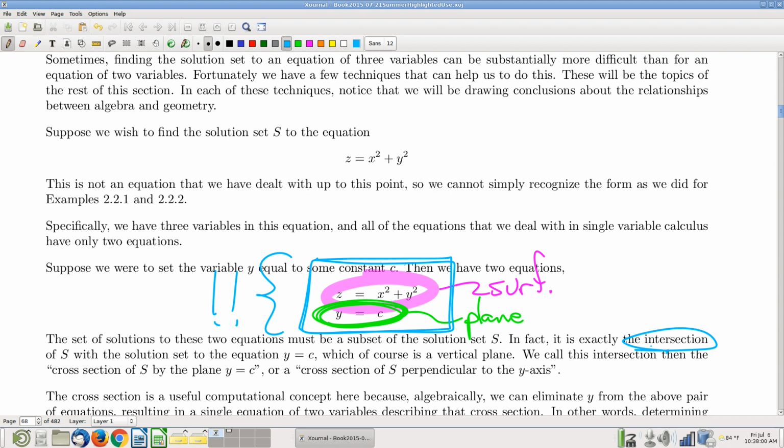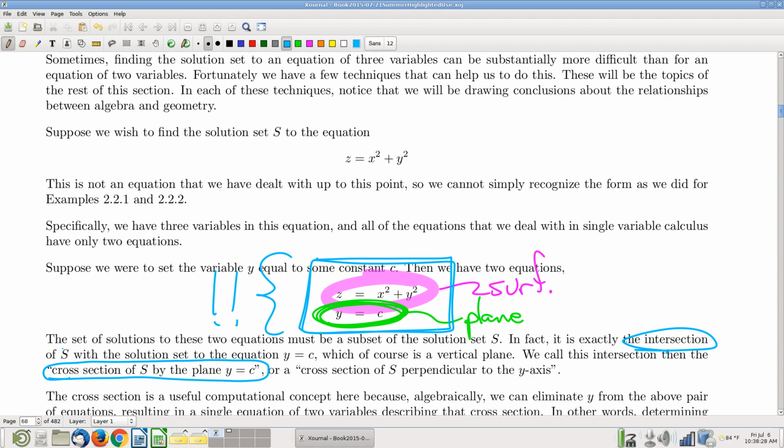Namely, I'm going to get the intersection of the surface and the plane, and sometimes this is called the cross section. So we have this surface I'm trying to understand, and insisting that y equals c means we look at the plane where y equals c. Imagine a knife coming down and slicing that surface, and we're looking at that slice. Does that make sense to everybody?